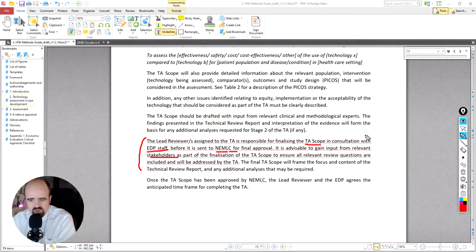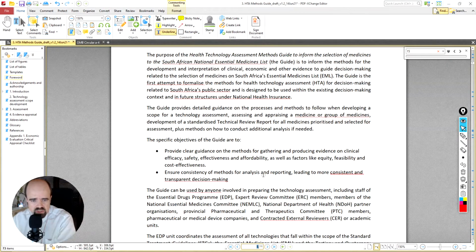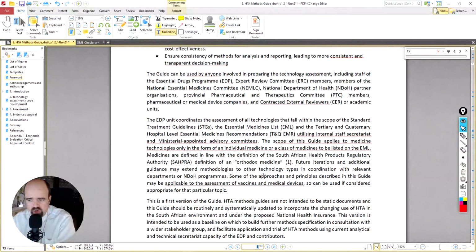And I'm mentioning this specifically because presumably additional budget would have to be allocated for these activities. So that amounts to additional cost for running the program. Another reference that points us in the direction of requiring additional resources is that the guide could be used by anyone, but specifically contracted external reviewers.